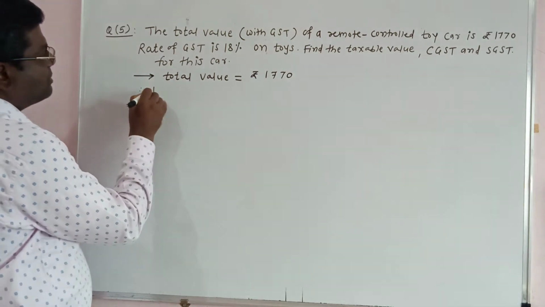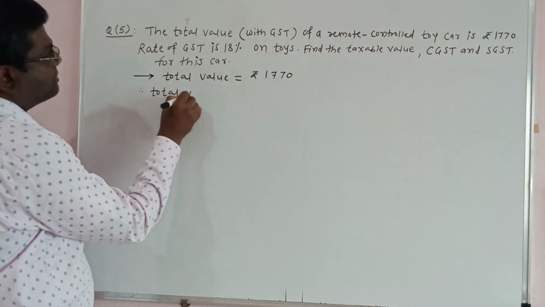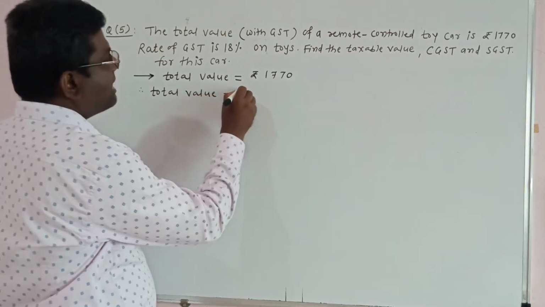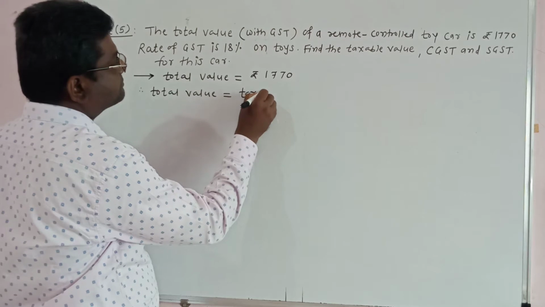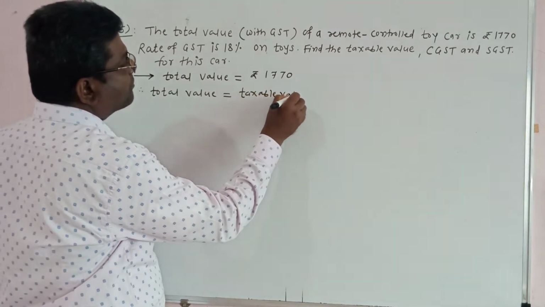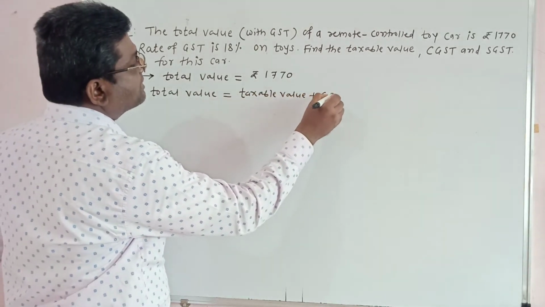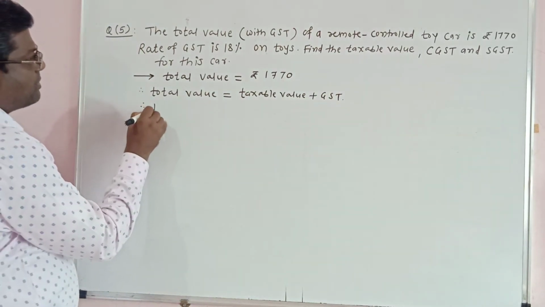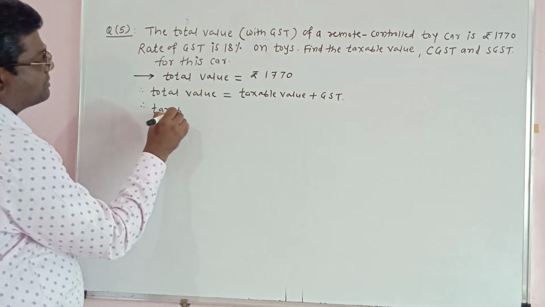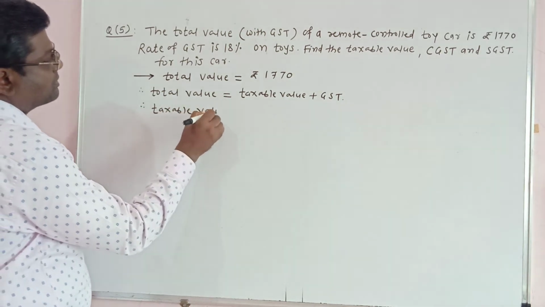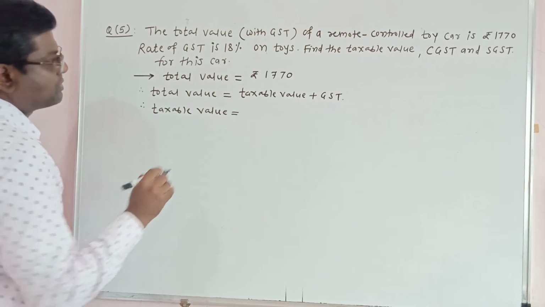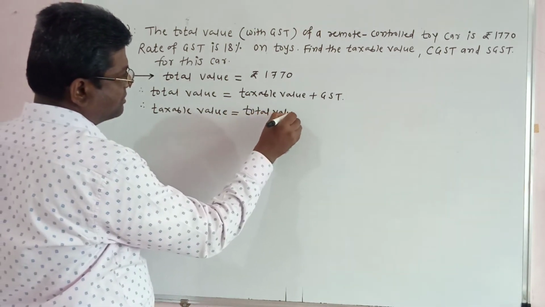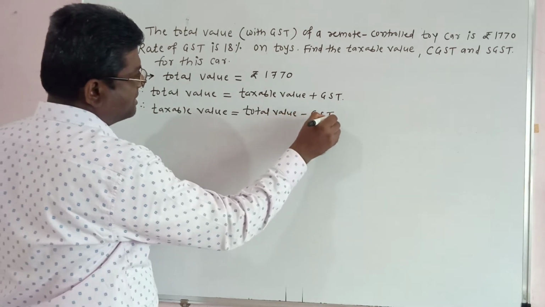Now we know that total value is equal to taxable value plus GST. Therefore, taxable value is equal to total value minus GST.